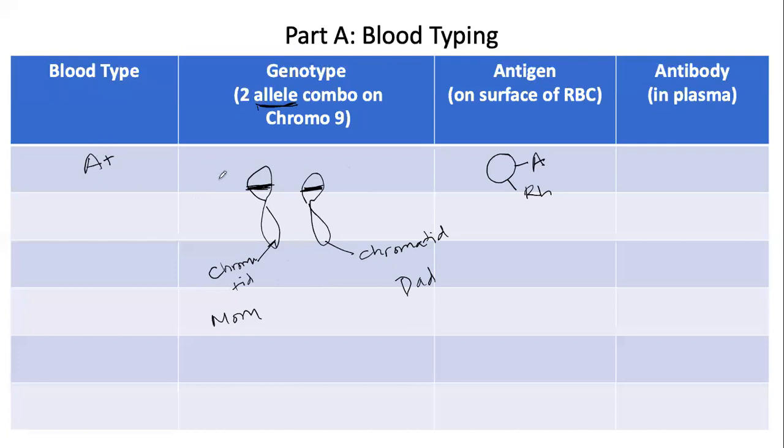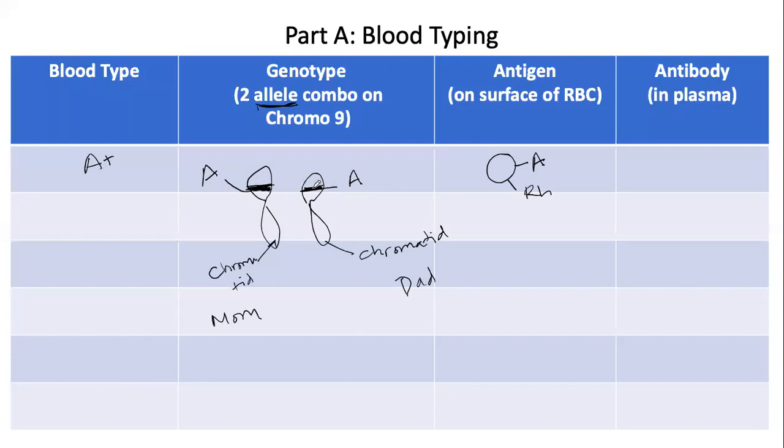And let's say for this gene, I have a code for A. So this allele of the gene codes for A. And then I got another code from dad, and he gave me an A. So I have an A code from mom and an A code from dad.